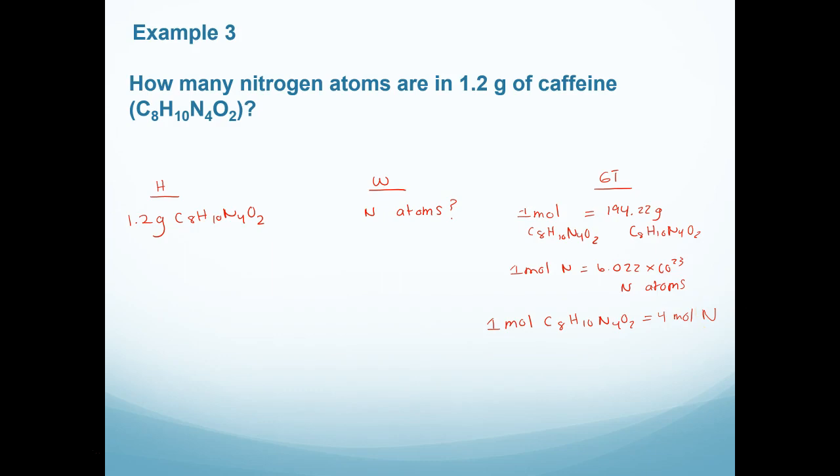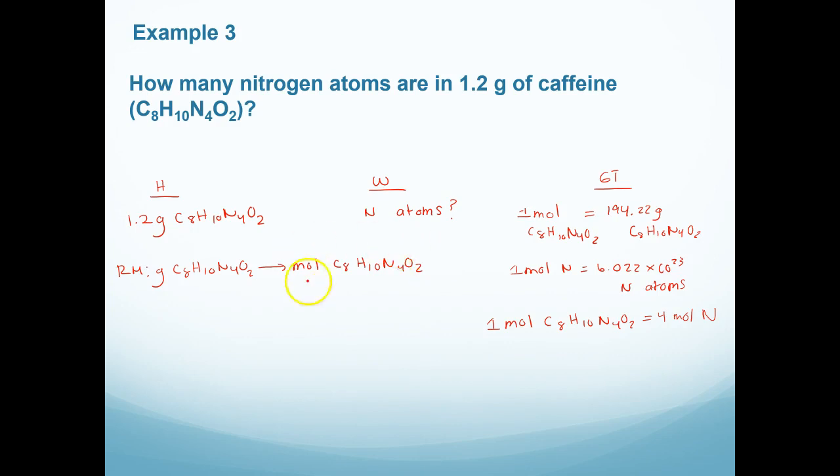Okay, and remember, anytime I'm missing something, if I go to my road map and I'm missing something, I can always go back. So we're starting with grams of the caffeine, C8H10, and from there I can go to moles using the molar mass, so I can go to moles of caffeine.